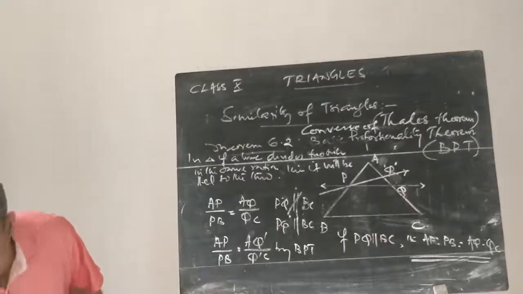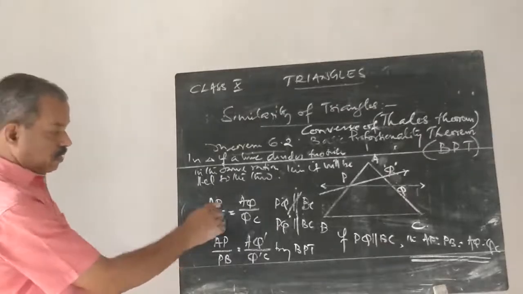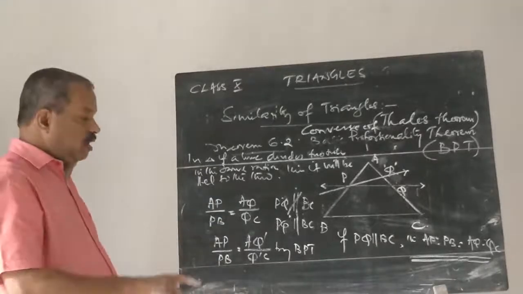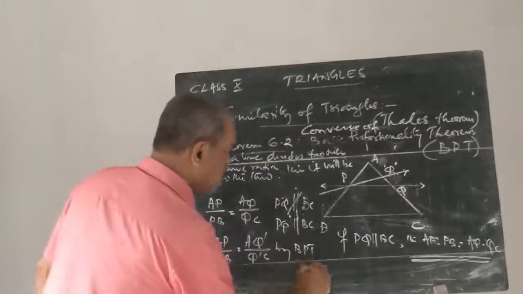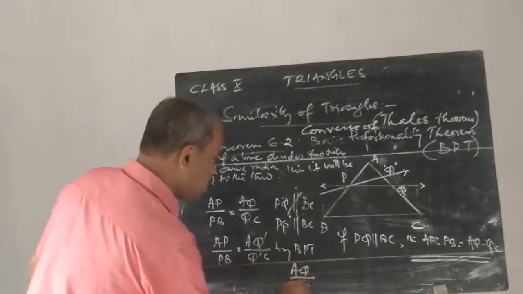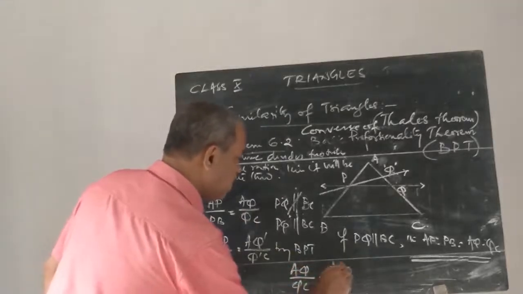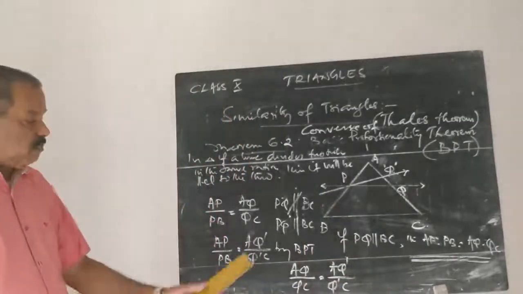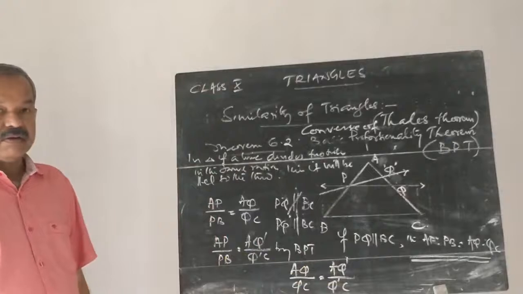What do you understand from this? LHS are equal, so the RHS are also equal. That is AQ by QC equal to AQ dash by Q dash C. How can we establish that these are equal?